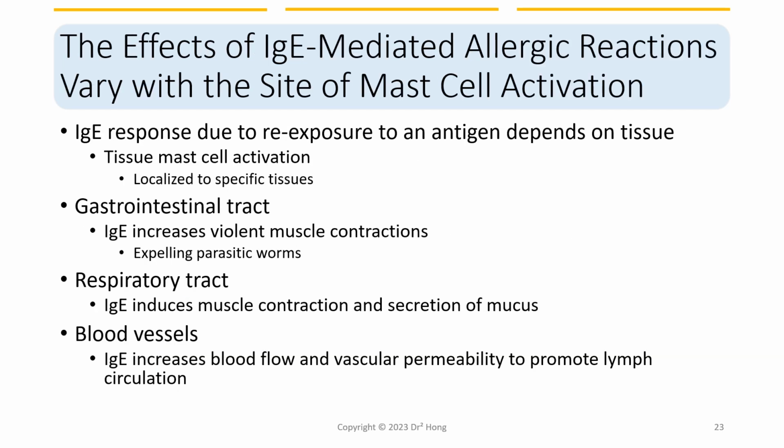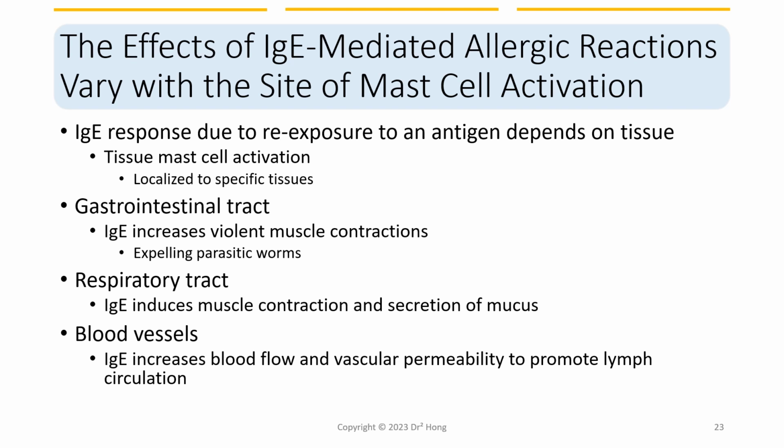The physical effects of IgE-mediated mast cell degranulation vary with the tissue exposed to the allergen. Only those mast cells at the site of exposure degranulate, and once released, the preformed mediators are short-lived. Their effects are therefore localized.